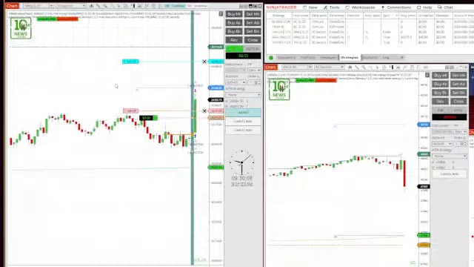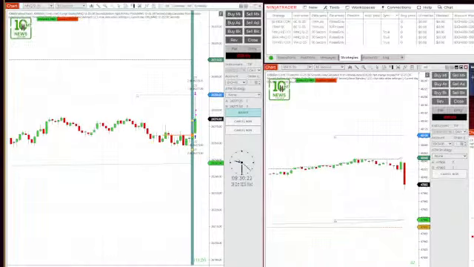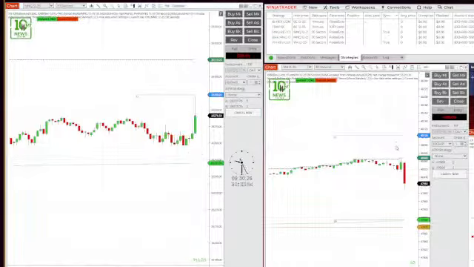So YM had a good move. It did have a decent move. I'm expecting the MNQ maybe to get to the high, but it may go without me. So I just made a little bit on the MNQ breakout, all right? But it won again. I will say this, it won again.